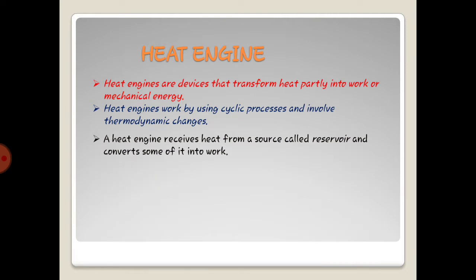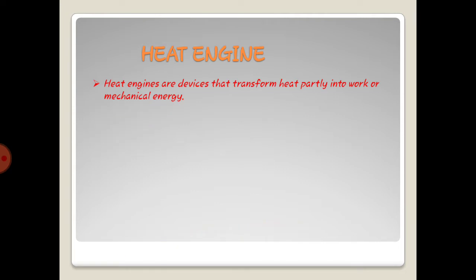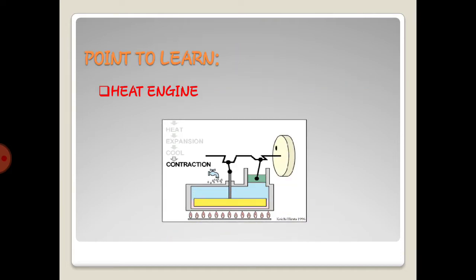Now as we are saying it is a heat engine, where does the heat come from? The heat is received from some kind of source. As we have seen in the earlier slide, there was an automobile engine, or any engine, and you can see over here the source was directly burners.